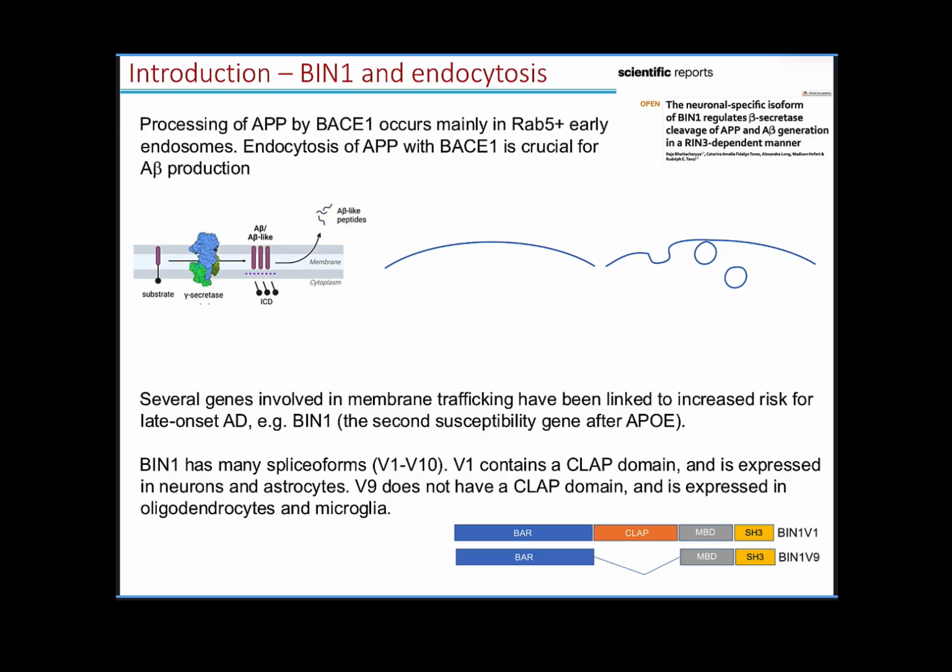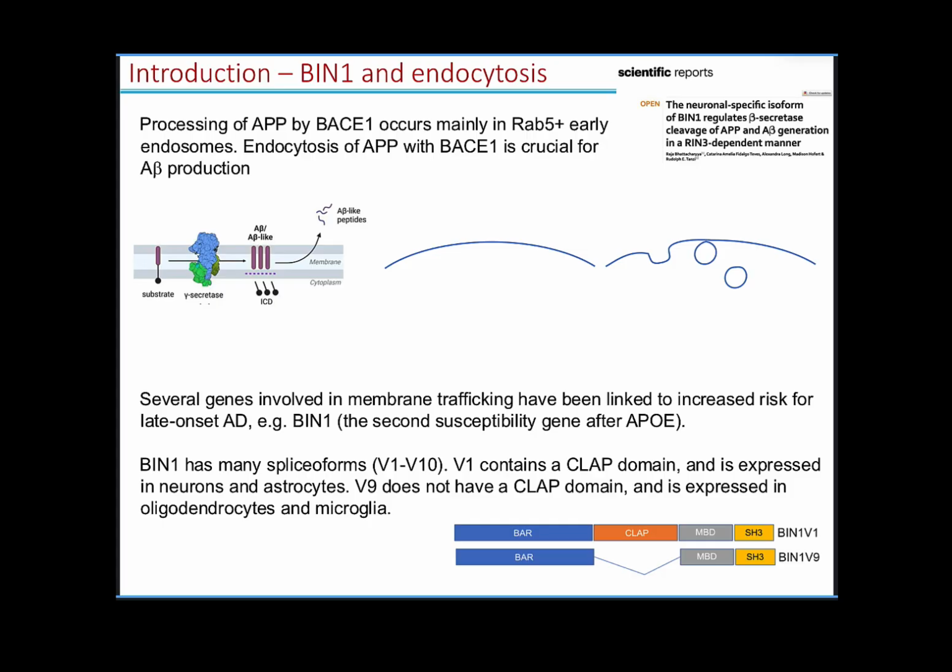The Rab5 detail will come up later, but don't worry too much about that now. It's just a type of endosome where beta secretase will find APP and cleave it. And the authors emphasize that endocytosis of APP is crucial for A beta production. If APP is not endocytosed into these Rab5 endosomes, then it won't be cleaved to form A beta peptides.